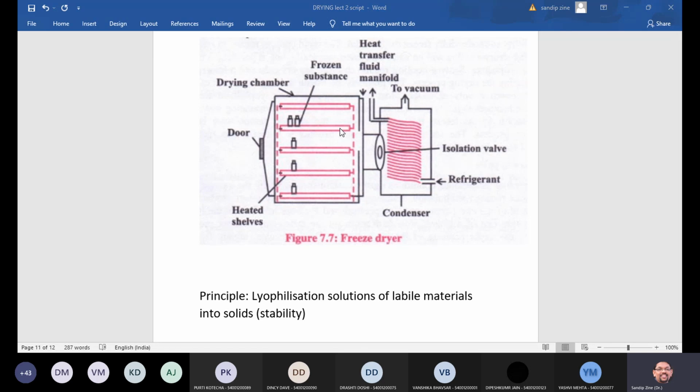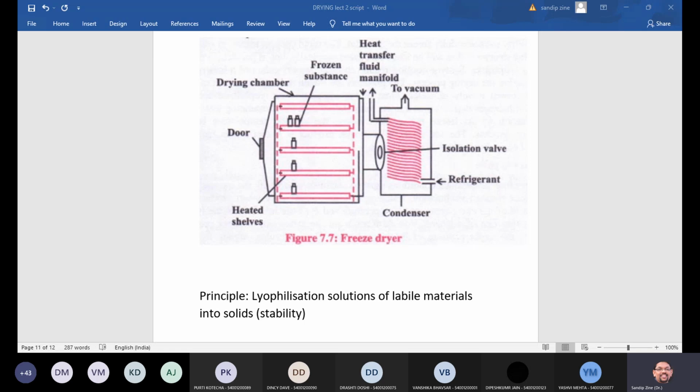Then heat is supplied in the form of a radiation source by using heating coils. Because of the heating coils surrounding these shelves, the material gets dried. So it is supplied through the radiation source.